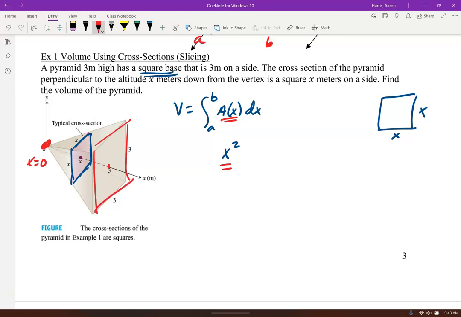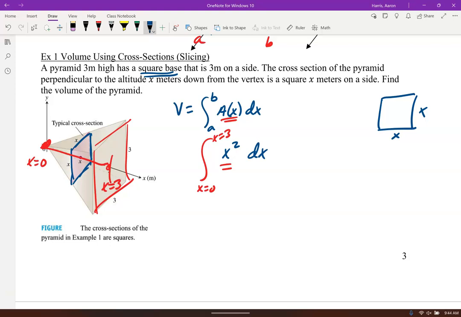You see how it goes out to an x value of 3. So we're going from an x value of 0 up to an x value of 3, summing all these cross sections up, dx. And this will give us the volume of this pyramid.